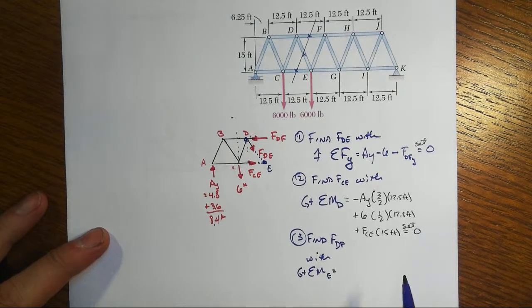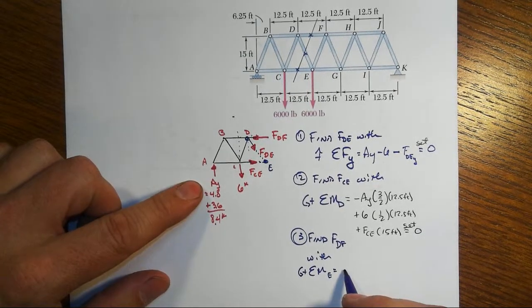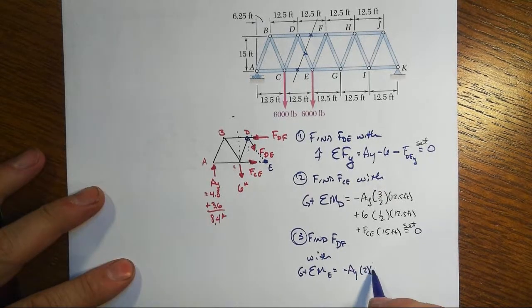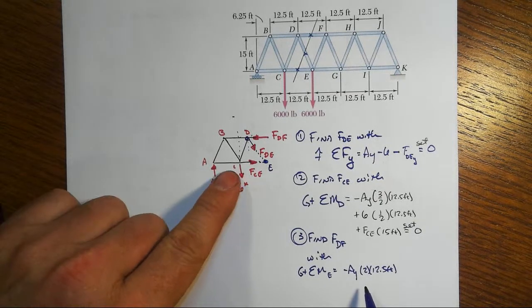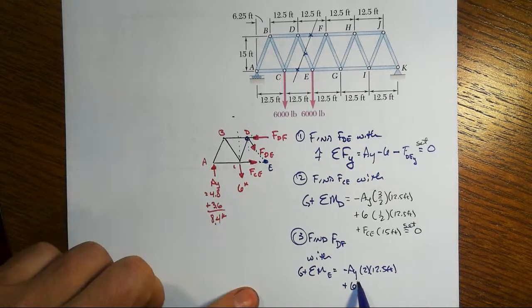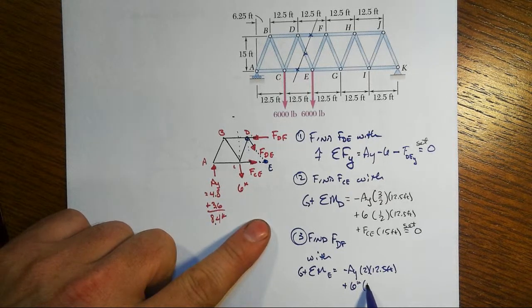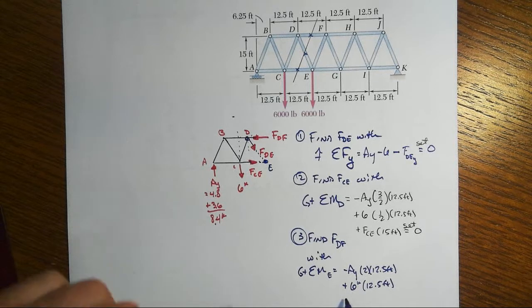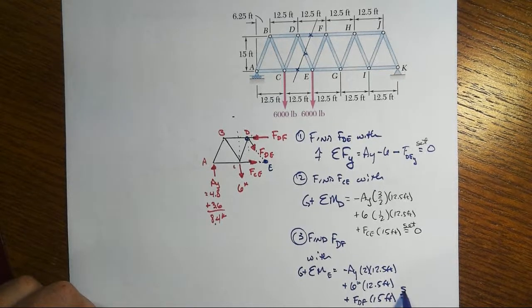And there again, you can see we've got this minus AY. Now we'll have 2 panels, so 2 times 12.5 feet to get a total of 25 feet for that moment arm. And then you've got the 6 going in the other direction, 6 kips times your 12.5 foot moment arm, and then you'll have FDF times 15 feet, and that will be set equal to 0.